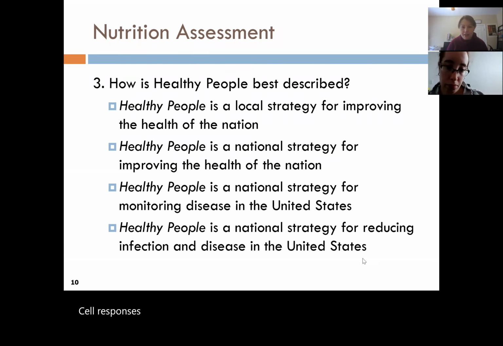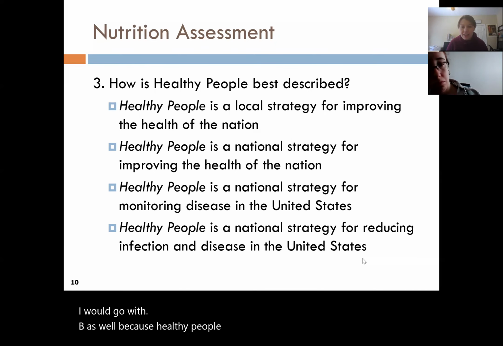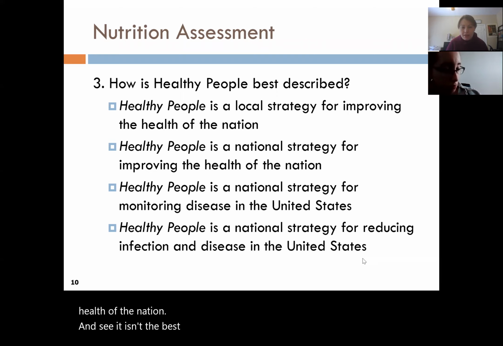So I had to reread this a few times myself because I didn't check the answers before class. But I would go with B as well because Healthy People is a national strategy for improving the health of the nation. C isn't the best answer choice because Healthy People isn't our disease monitoring system.